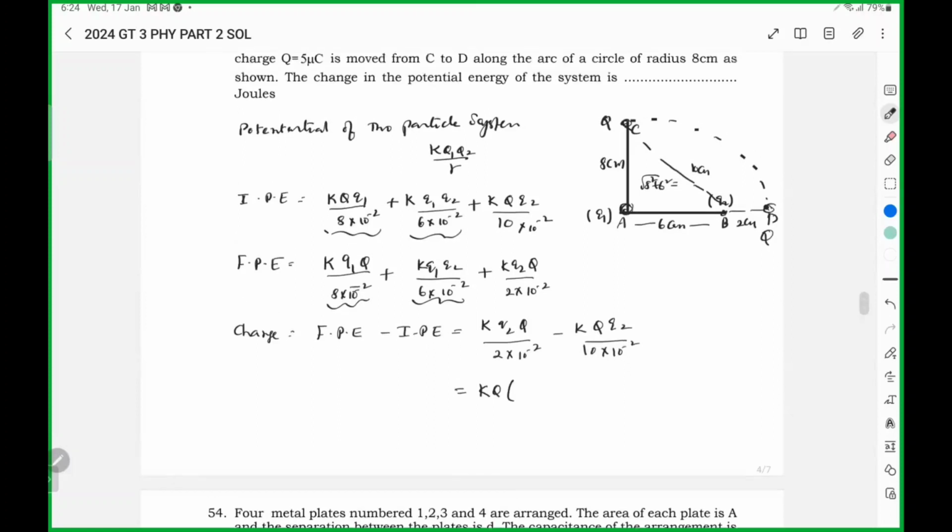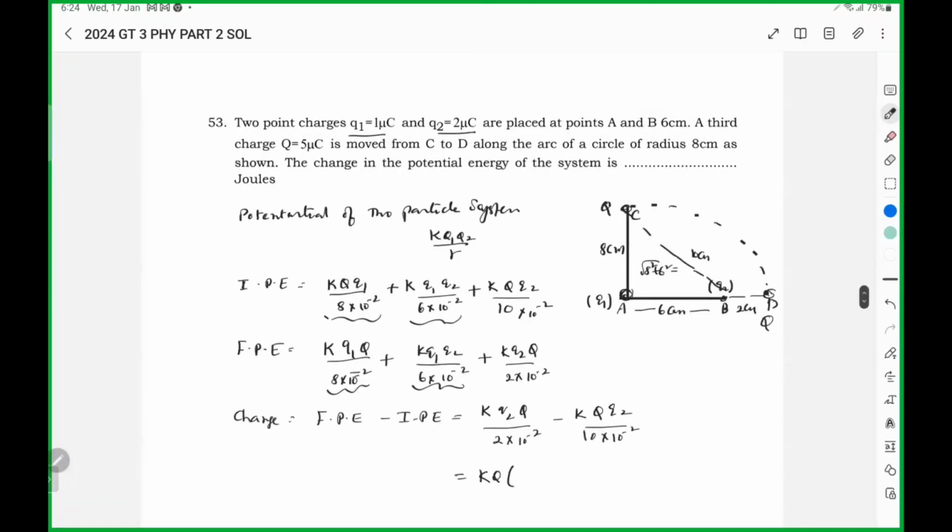K Q Q2, where Q2 here is 2 microcoulombs.